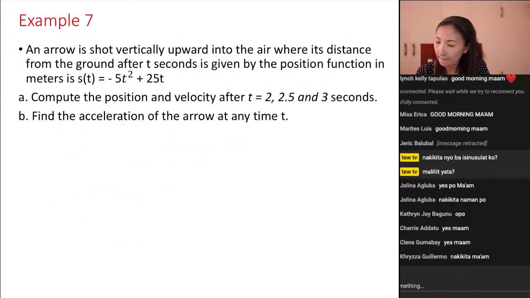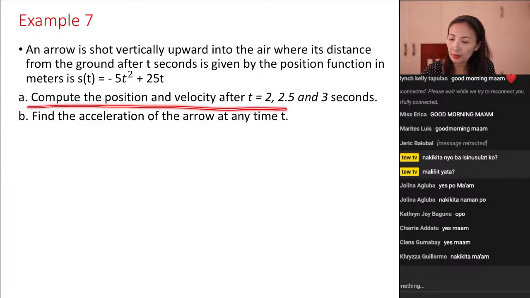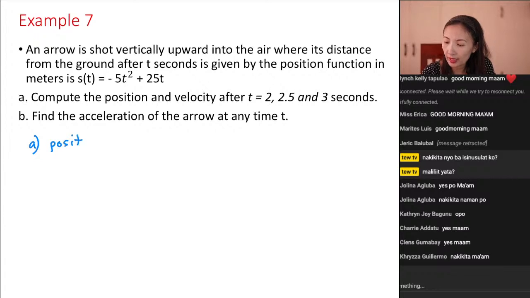Next. This one is similar to the previous. Compute the position and velocity, just the same. So for letter A, the position at, let's say just one, at t equal to 2, will be s of 2.